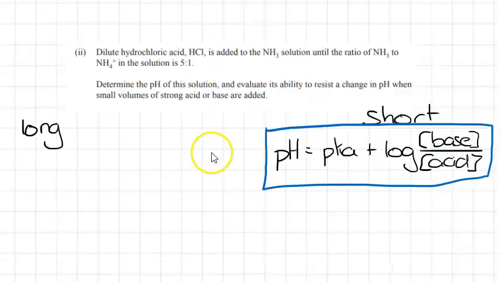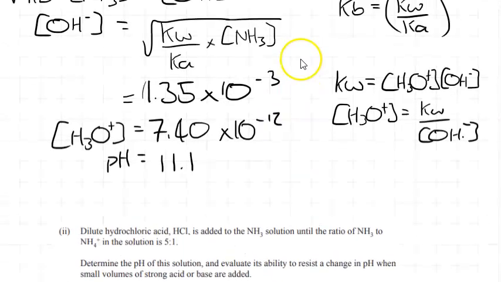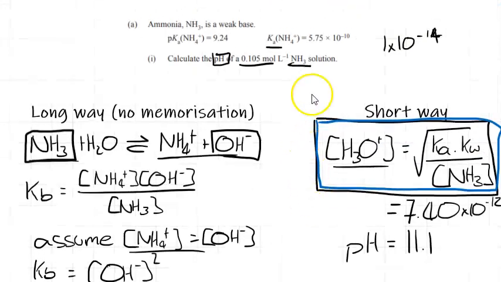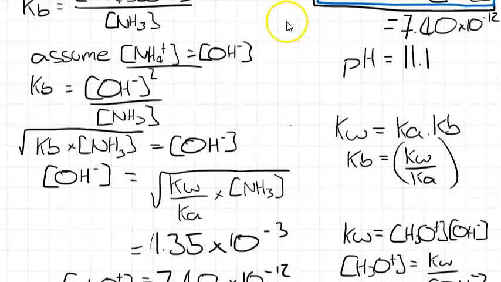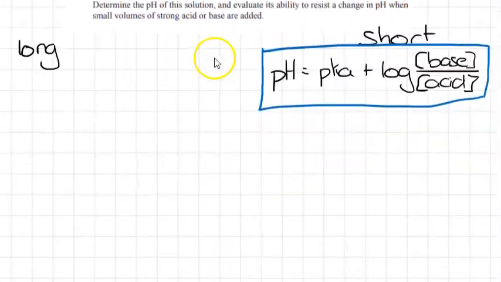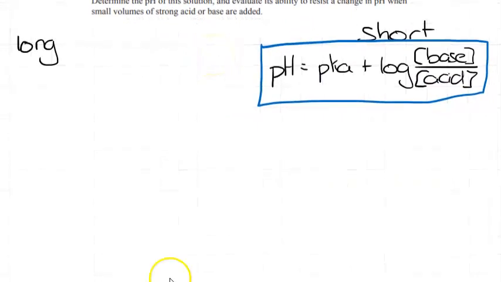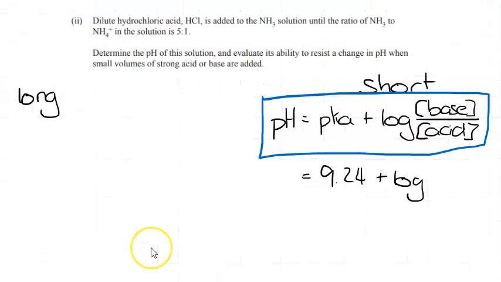And then we can just very easily put this into an equation. So pKa is 9.24. So we'll go pH equals 9.24 plus log base over the acid. So we've got NH3 and NH4.